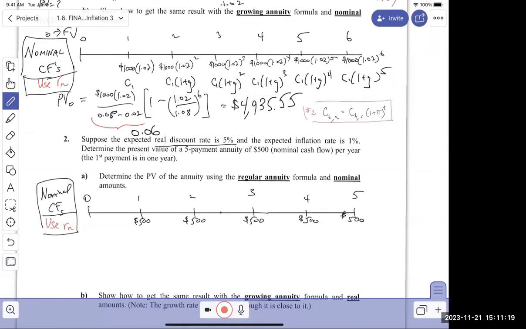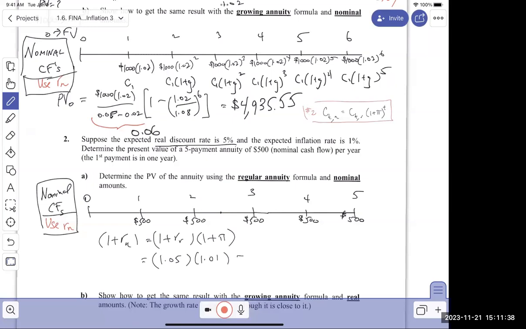So you have to use the relationship 1 plus Rn equals 1 plus Rr times 1 plus pi. So you put in the real rate 1.05 and then the inflation rate 1.01.